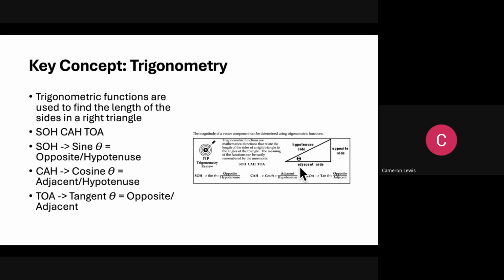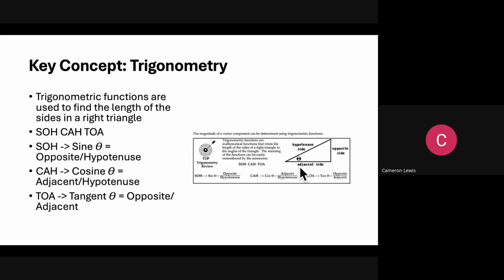Because we understand how right triangles work, we could find the angles and the values of any side if we have just some of them. So if I know the hypotenuse and an angle, I could figure out the opposite and adjacent side, or I can do the other combinations as well.